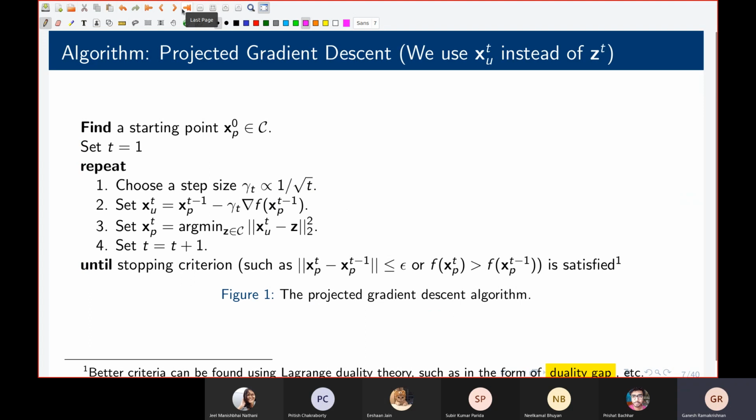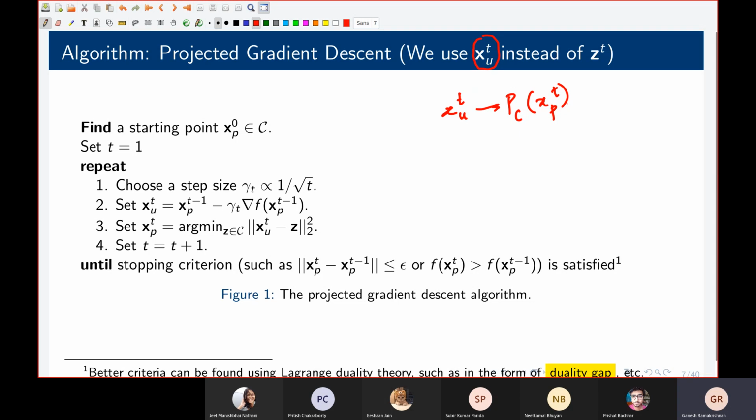Otherwise, you can use the unprojected XU instead of the Y or Z. So this is just trying to make it consistent with just one notation, XU and XP. Okay, so we'll take XU at T and project it on the set C to get XP at T. That's the idea.